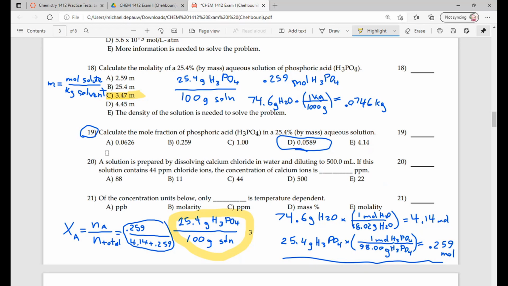All you need to know is the chemical formula of calcium chloride. Calcium as an ion has what charge? Positive 2. And chloride as an ion has what charge? Negative 1. So what's the formula of calcium chloride?